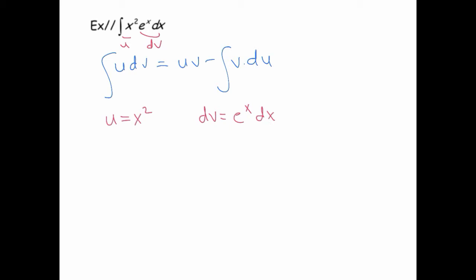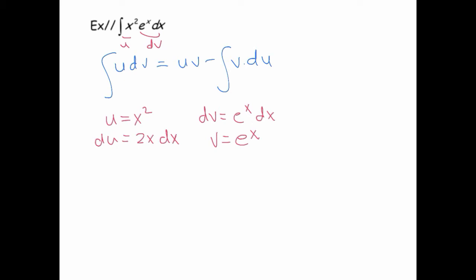So the derivative of this left part is going to be 2x dx. And the antiderivative of the right part is v equals e to the x. And so now we apply the formula.